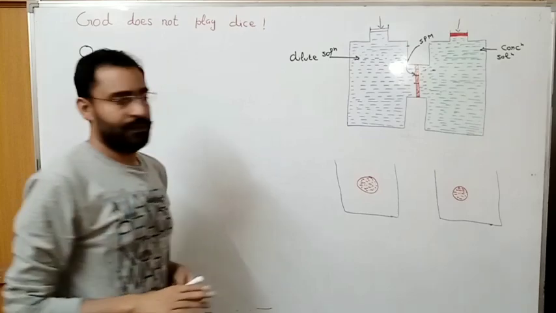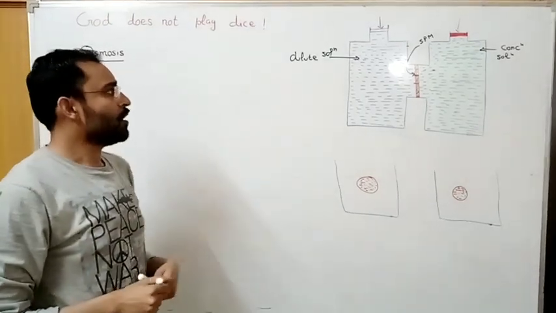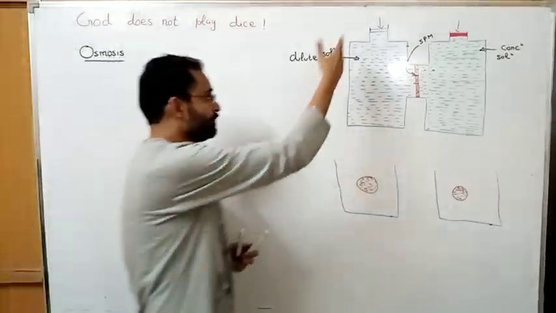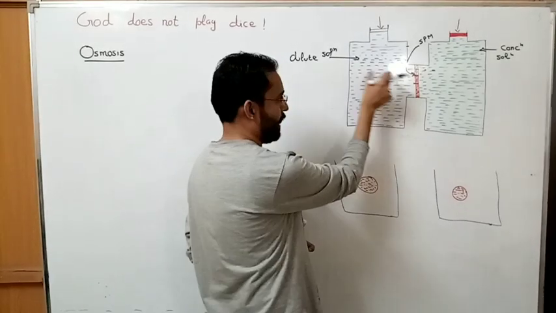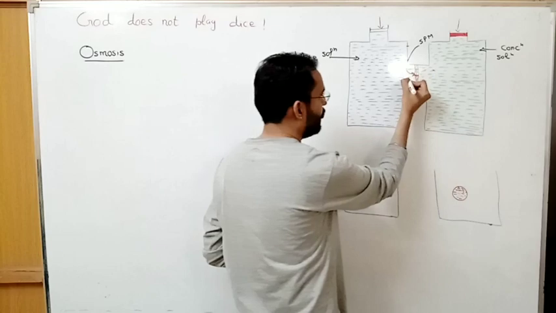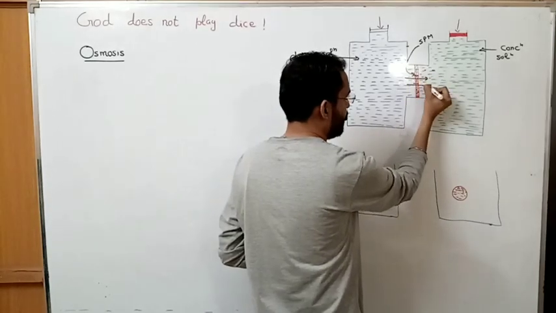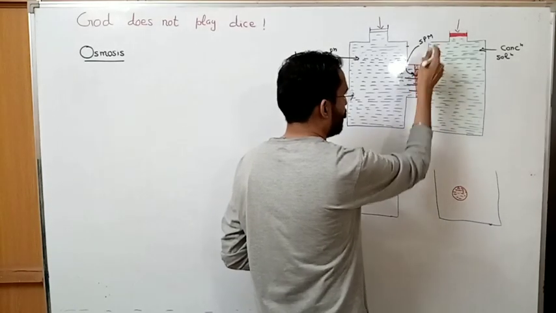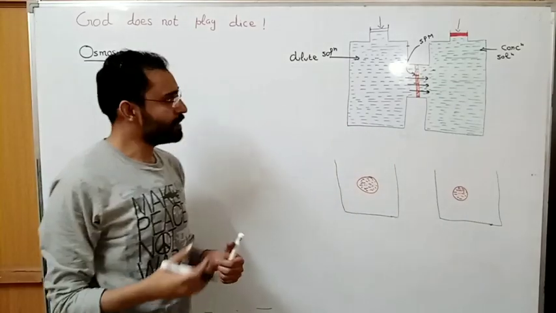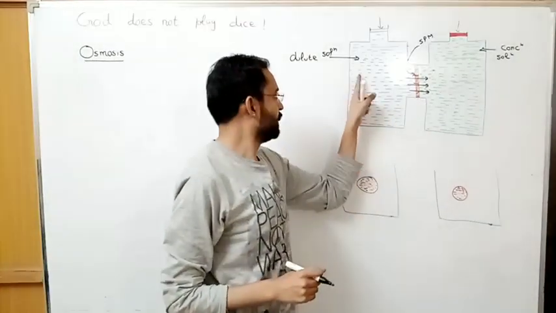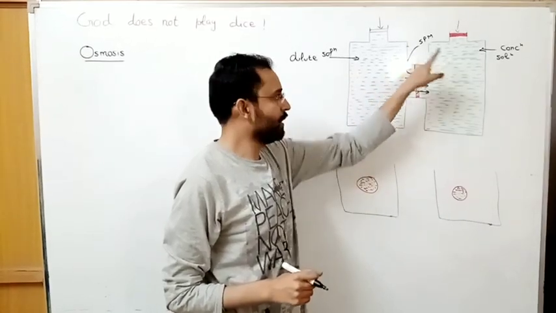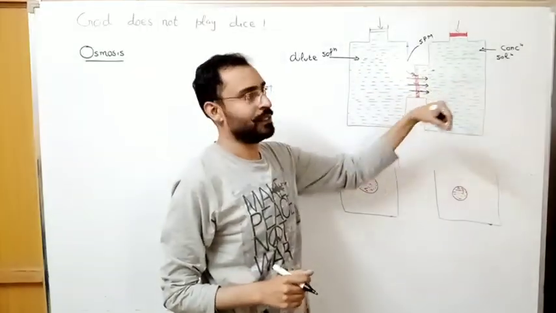According to the definition, under normal conditions, solvent molecules will flow from dilute solution into concentrated solution through this SPM, and this is osmosis, from a dilute solution into a concentrated solution.